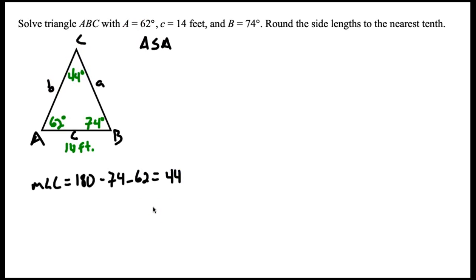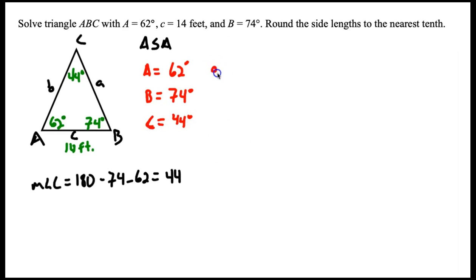Now, when we're organizing our answers, what we want to do is right by our picture, write these out, even the given parts. So I'm going to write out angle A, angle B, and angle C. We already know all three of those: angle A, 62 degrees, angle B, 74 degrees, and angle C we just found to be 44 degrees.